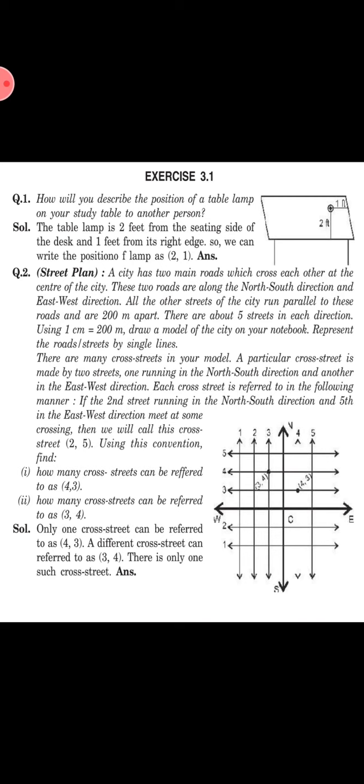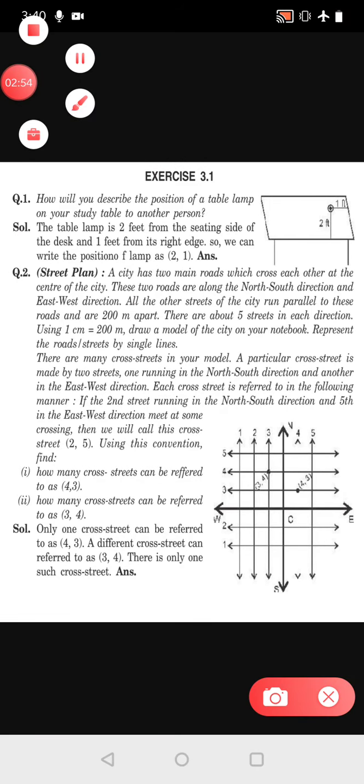So first, according to the street plan given, we draw the model of it. Now we take north-south direction as y-axis. Here you can see that is vertical line we take, and east-west direction as your x-axis. Now in both the direction there are 5 streets which are running parallel to each other.